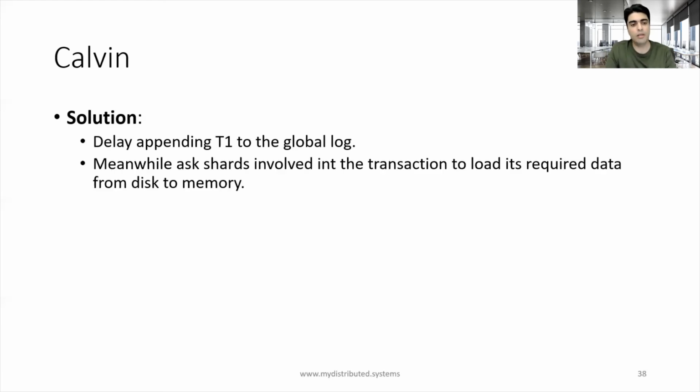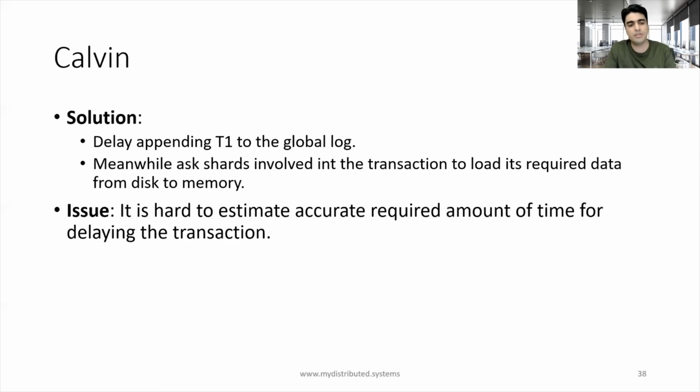And meanwhile, we ask the shards that host the keys this transaction wants to read to load that data from disk to memory and basically warm them up. Then by the time T goes to those shards, the data is ready in memory, so it won't take too long, and it won't block other transactions for too long.